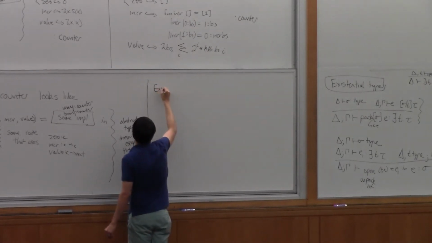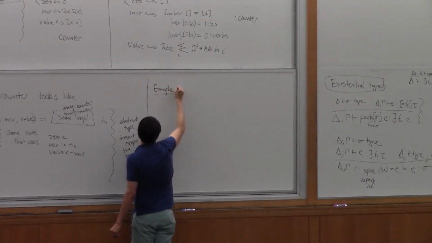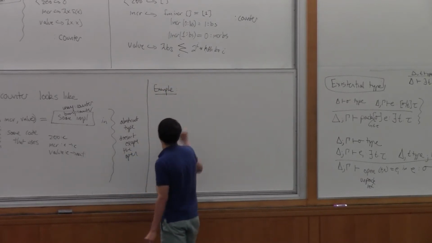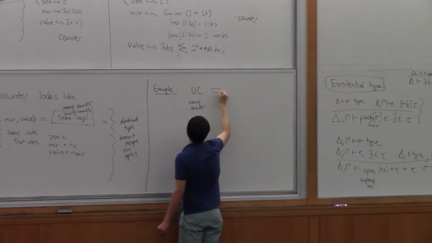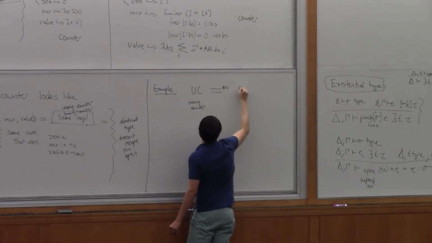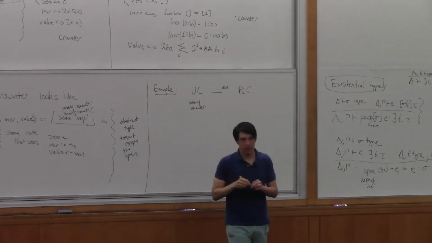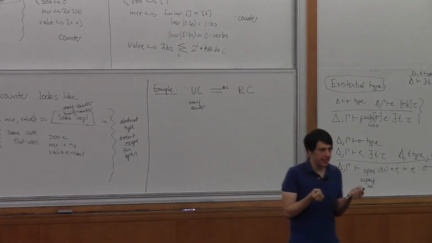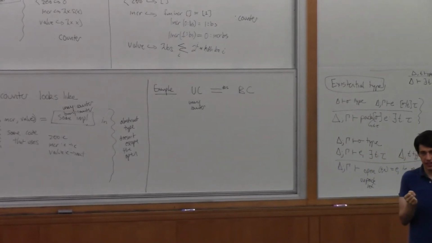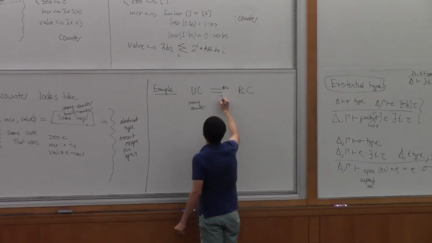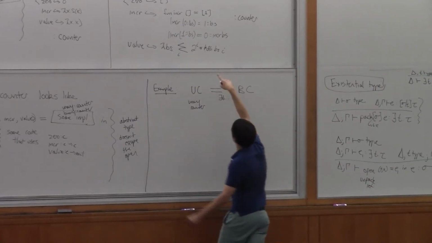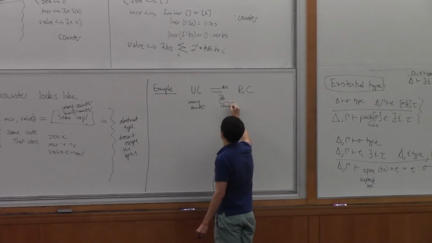An example of the kind of reasoning that we would like to do is to say that, let me write UC for my unary counter, it should be the case, if I've done things correctly, that my unary counter and my binary counter are observationally equal in the type exists t dot stuff that defines counter.